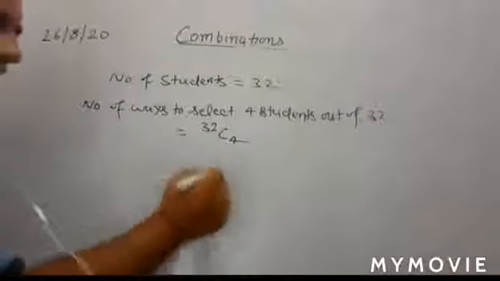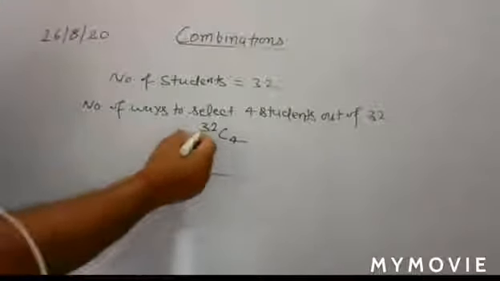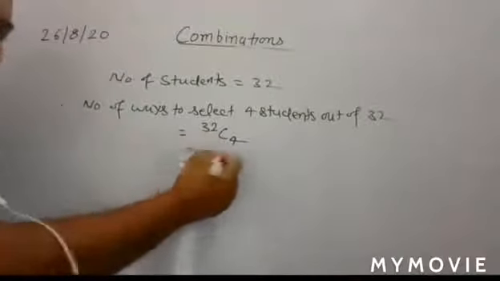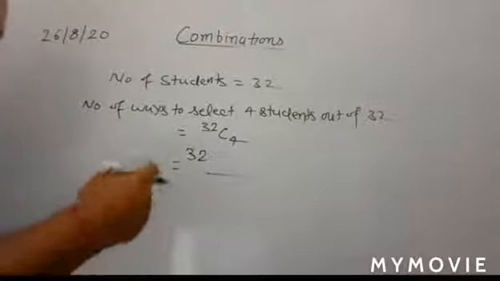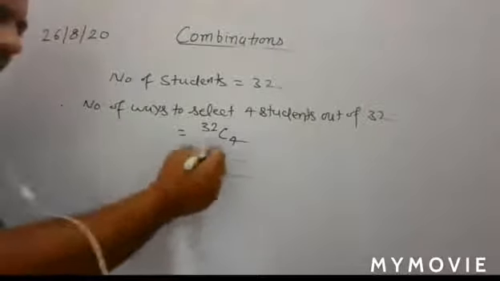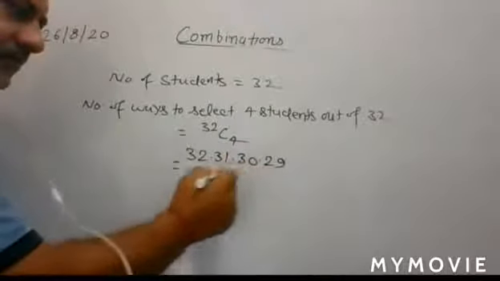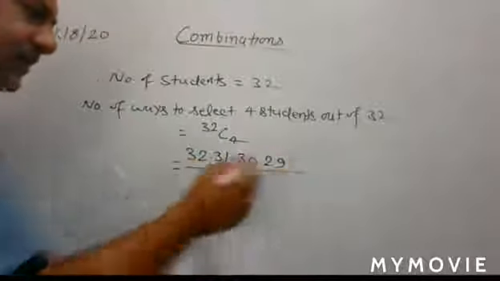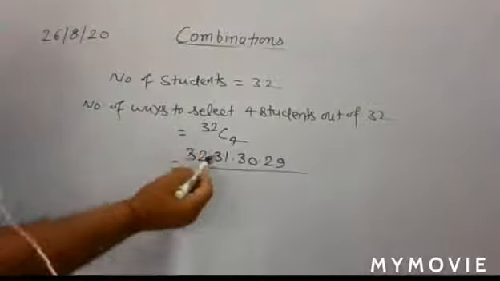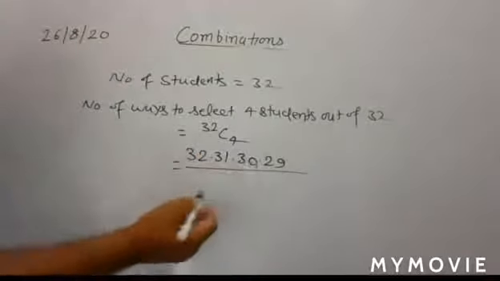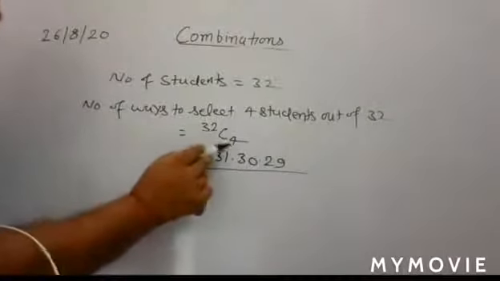You start with 32 and write 4 factors by decreasing by 1. So here you have 32, then 31, 30, 29, and divide by factorial 4, since here you have 4.